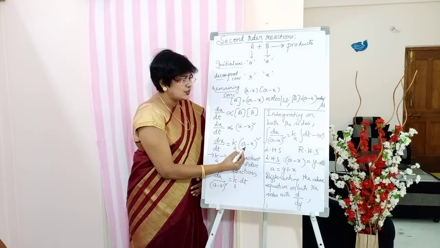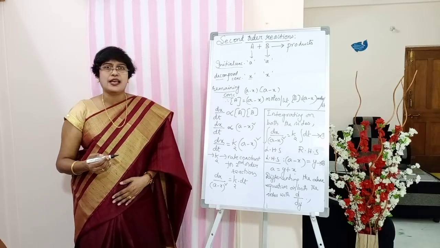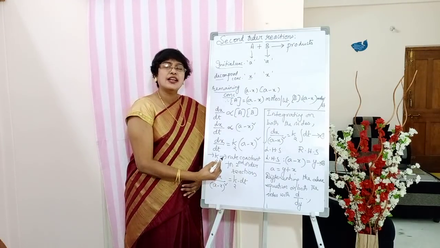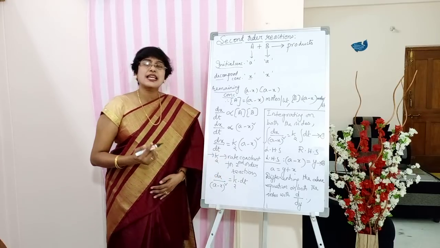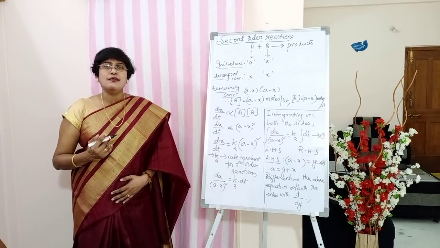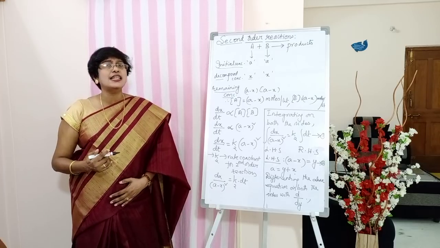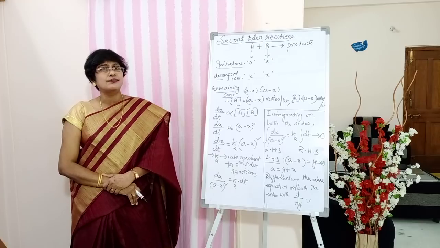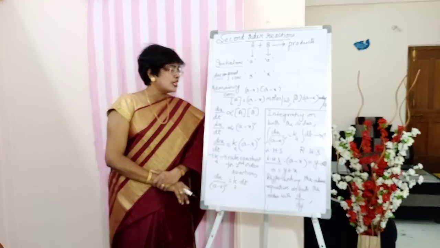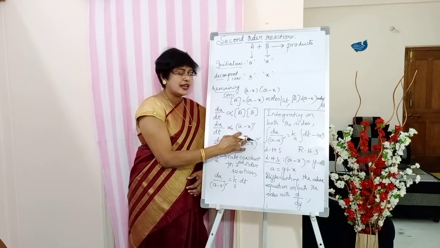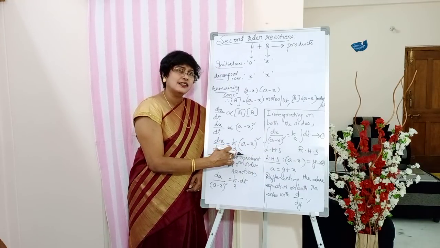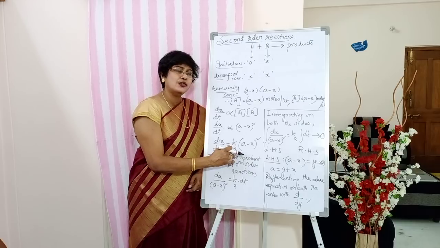So K2 into a minus x whole square, where K2 is the rate constant for second order reactions. Till here clear? dx by dt proportional to a minus x whole square. Removing the proportionality, we introduce a constant. What is the constant? K2.